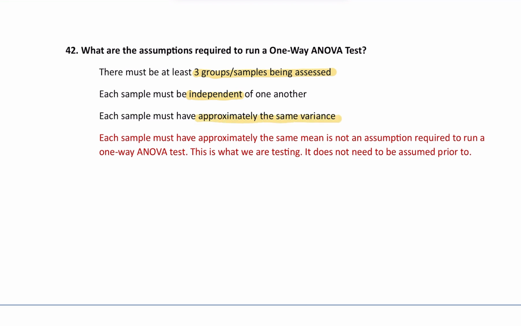So if you remember, variance is related to standard deviation, or variance is basically a type of value that looks at the spread of the data. So we want to make sure that even though they are independent samples, they have a similar kind of spread to the data, or a similar kind of look to it. So there isn't one group that has a lot of outliers versus one group where all the data is very close to each other. So the nature of them should be similar.